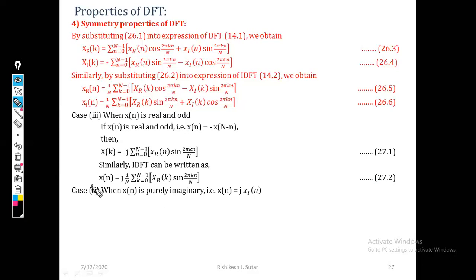We have removed that expression. I think we need to write it one more time. X of k is equal to summation, and n runs from 0 to n minus 1.